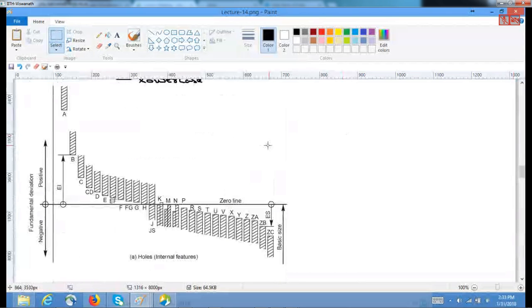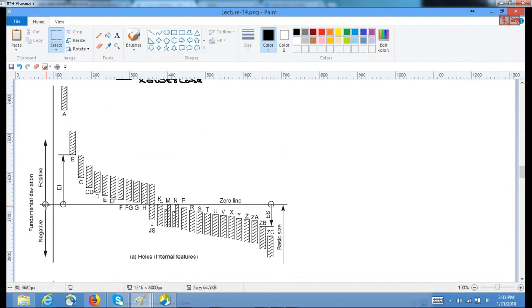You can see all these letters like A, B, C, D, E, F, G, H and so on. And this is your zero line.